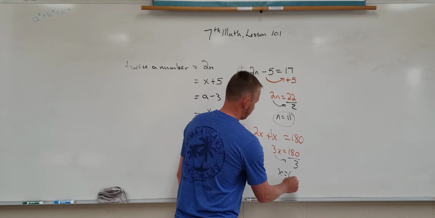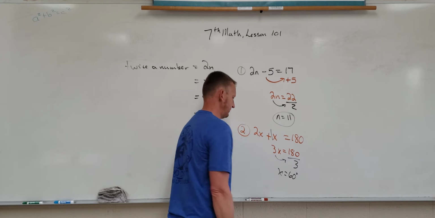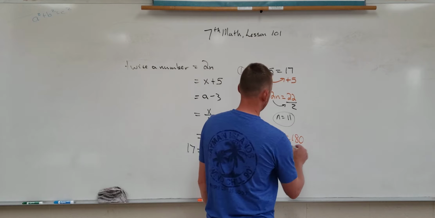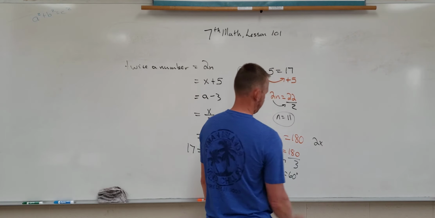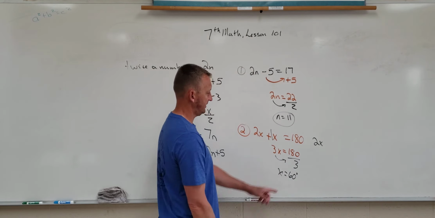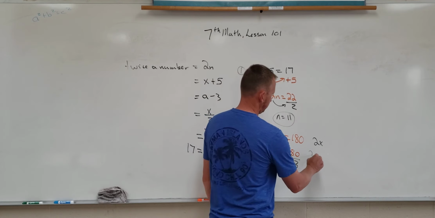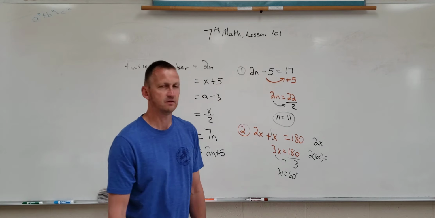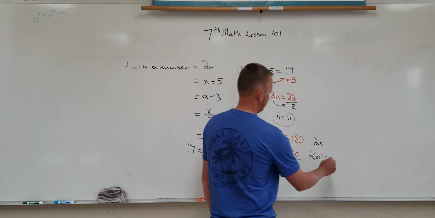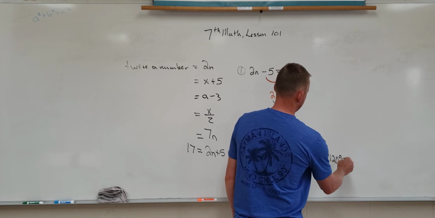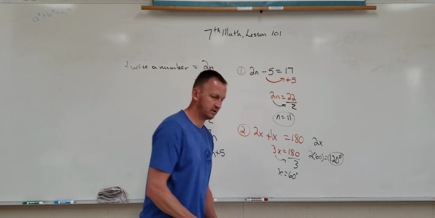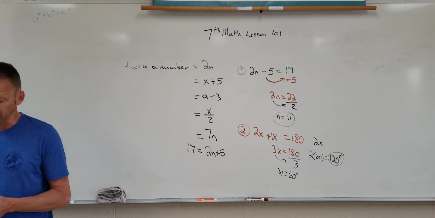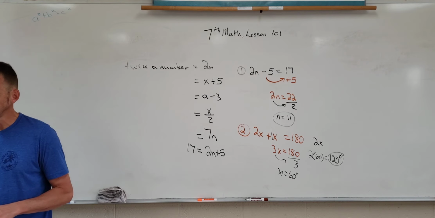So that's what x equals, is 60 degrees. But they want to know the larger angle, and the larger angle is going to be the 2x. So I'm going to put 60 in for x, and multiply. So 2 times 60, 120 degrees. Okay? So we're adding those together, supplementary, total 180 degrees.